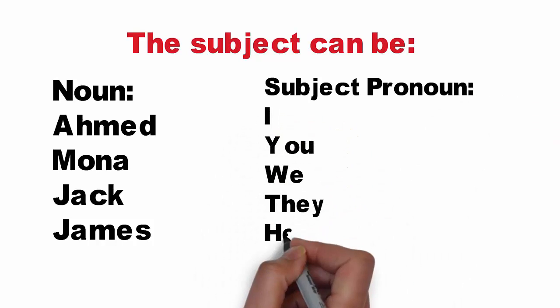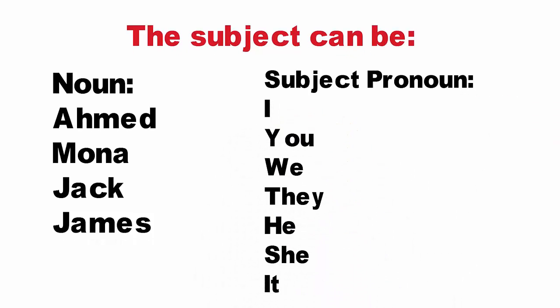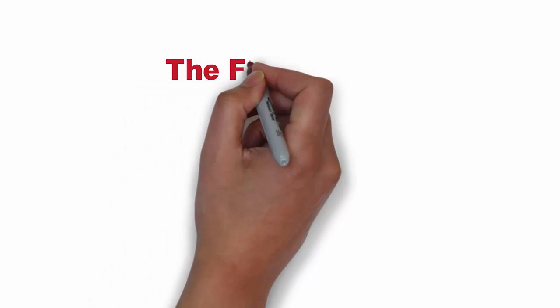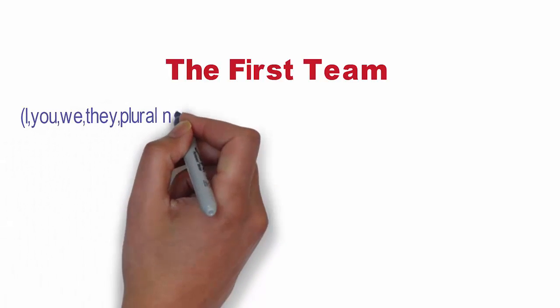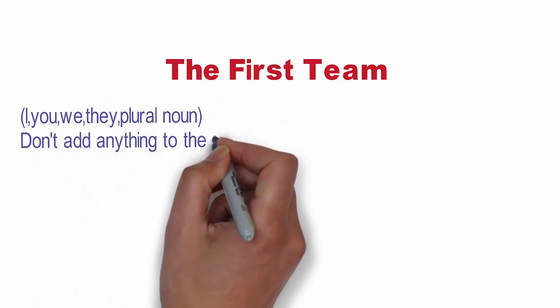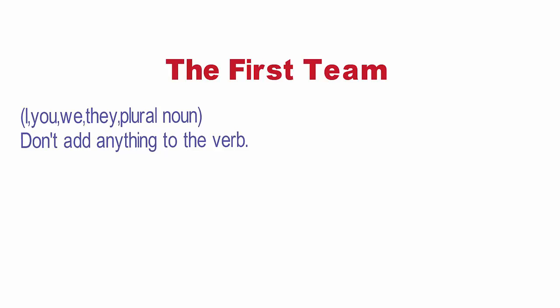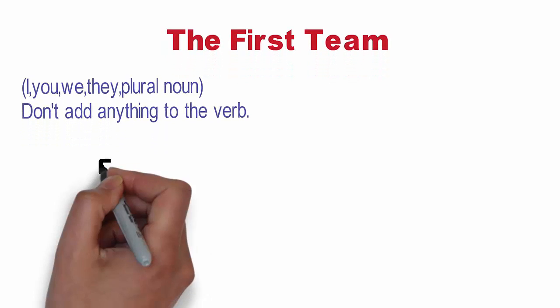Okay, here we are. And the first team, if the subject of the sentence is one of these, I, you, we, they, or a plural noun, you just don't add anything to the verb. Just put the verb as it is. Don't change it at all.